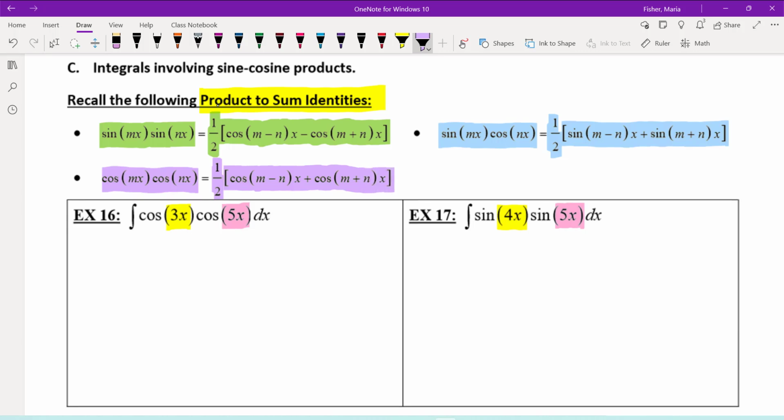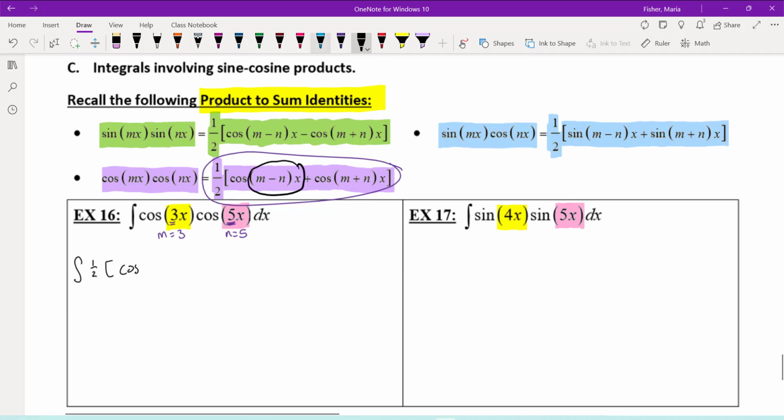For number 16, we're going to be using this purple highlighted formula. In this case, my m, the coefficient of x here, is 3, and my n, the coefficient of that x here, is 5. So plugging it into this formula, I know that this is just the indefinite integral of 1/2 times the cosine of m minus n times x.